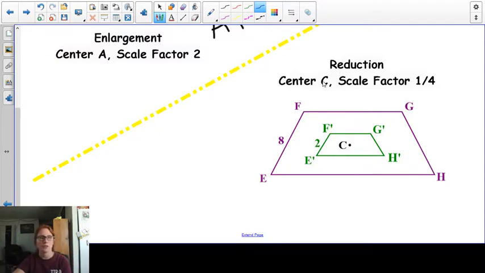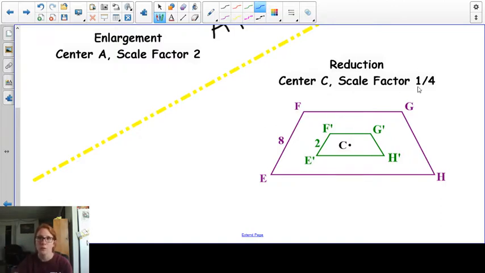When we do our dilations for homework and in a couple slides, most of these are going to be centered at 0, 0, so you don't really have to worry about that. It'll give you just your dilation stuff for you. Also, if you notice, from our purple to green, our trapezoid got smaller. So it was a reduction, it shrunk.